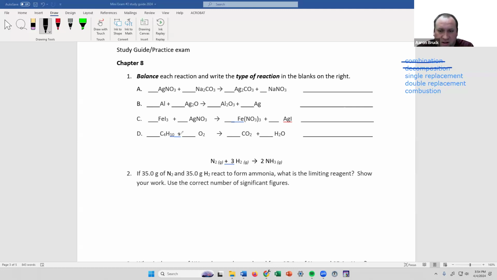If I look at letter D here, I can see a reaction with oxygen forming carbon dioxide and water as products. This is a combustion reaction.